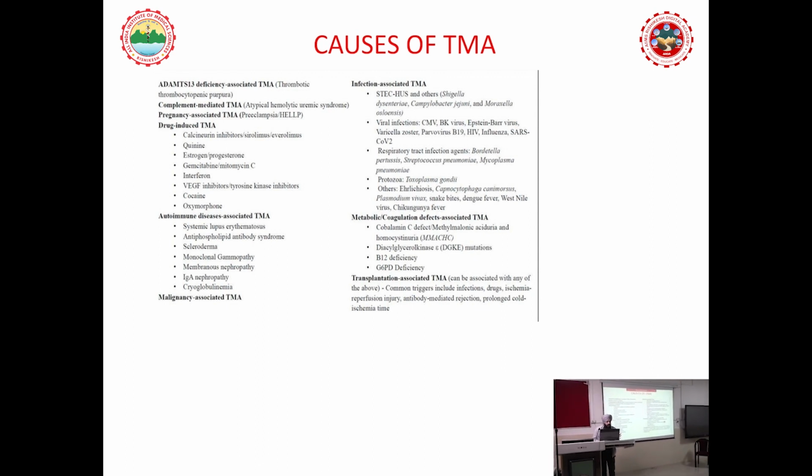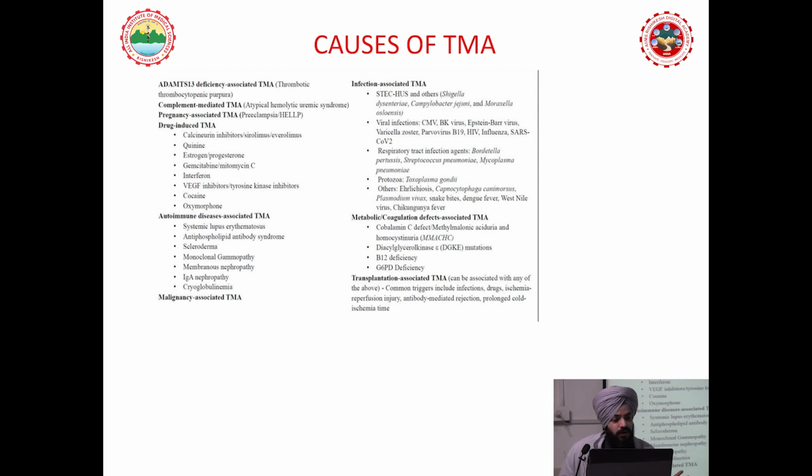In causes of TMA, we'll first discuss ADAMTS13 deficiency causing TTP, which was ruled out in the patient since there was no fever or neurological symptoms. Next is complement mediated, ruled out since there were no complement deposits in the biopsy and serum complements were also normal. Then drug-induced TMA, gemcitabine being one of the causing agents.